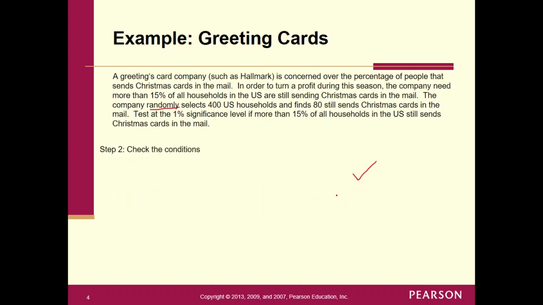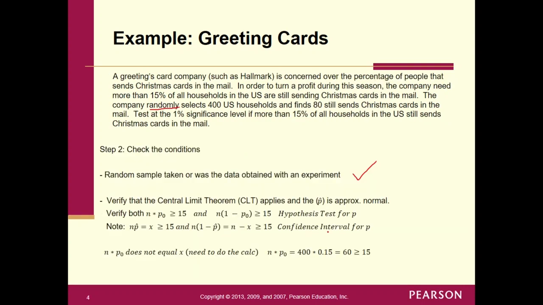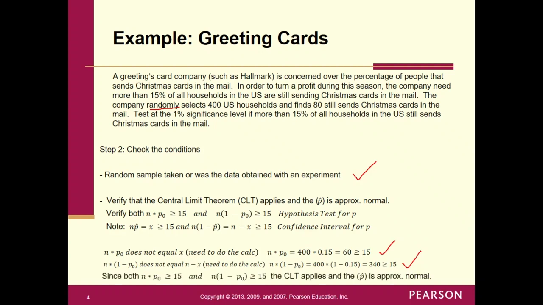That's why I have here 400 times 0.15. That's 60, which is greater than or equal to 15. Check mark. We have to verify that n times 1 minus p sub 0 is greater than or equal to 15. That turns out to be 340, which is greater than or equal to 15. Check mark. That's telling us that the central limit theorem applies and the sampling distribution of p hat is approximately normal.